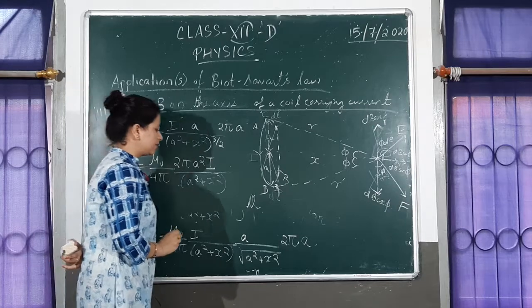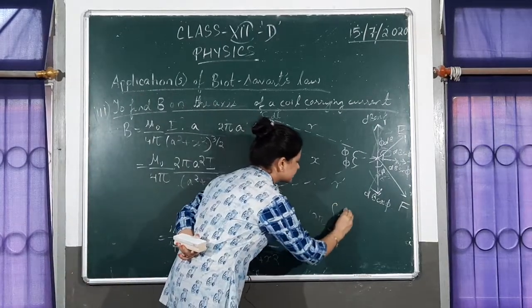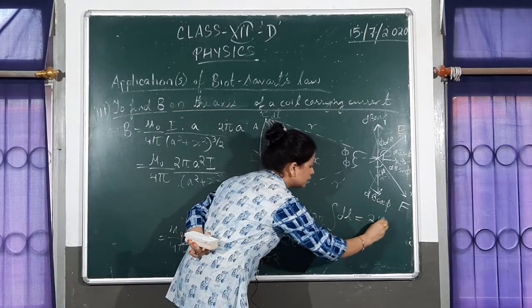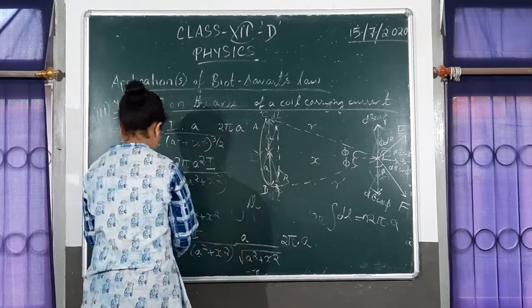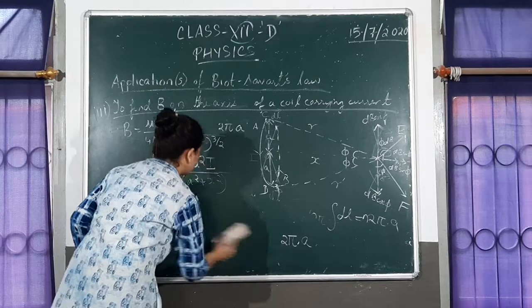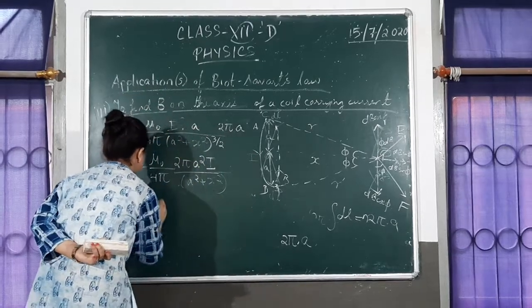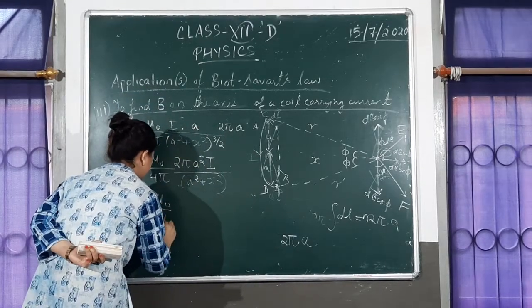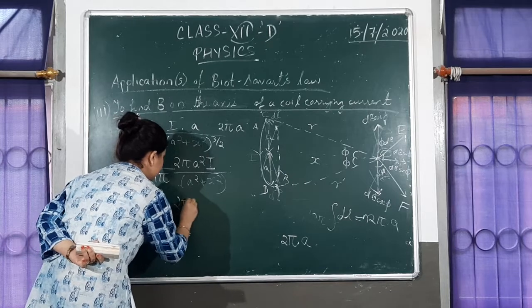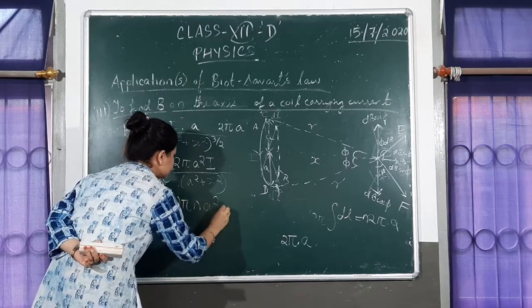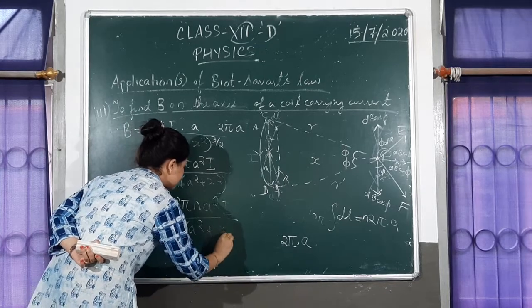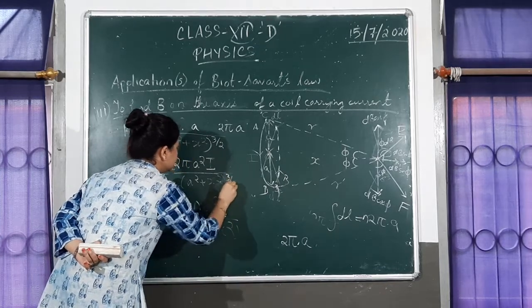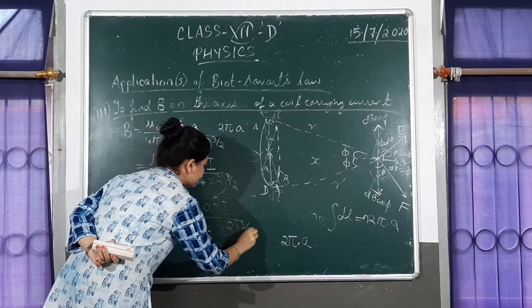If you take n number of turns, integration dl will be 2 pi a into n. So for n number of turns, the expression will come out to be mu naught by 4 pi, 2 pi n a square I by a square plus x square, raised to the power 3 by 2.